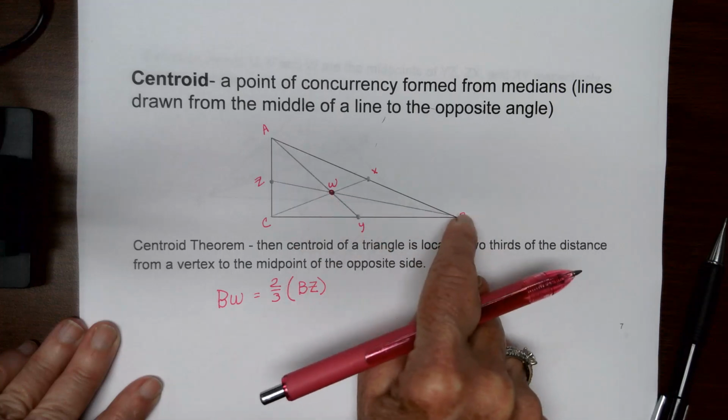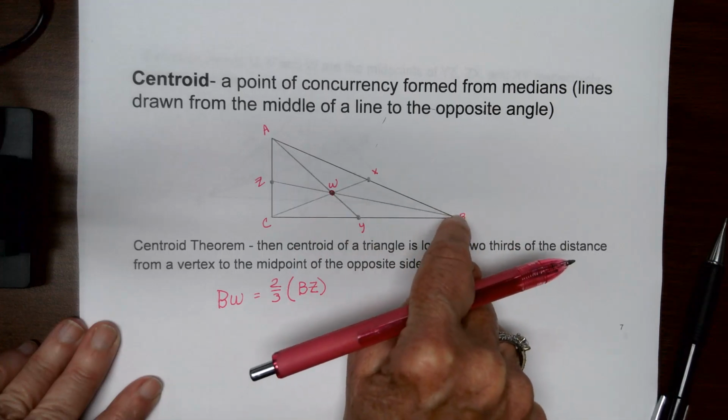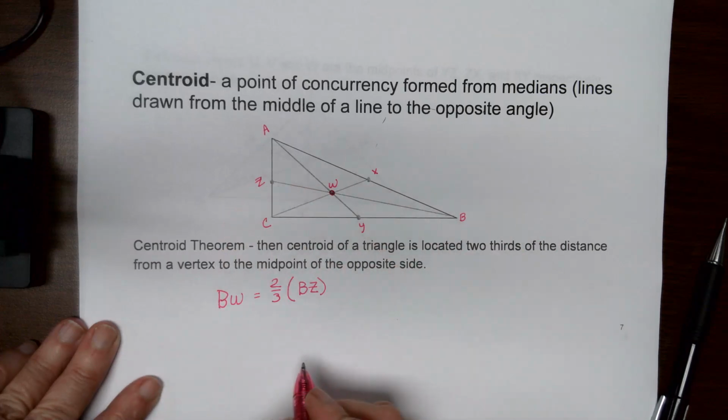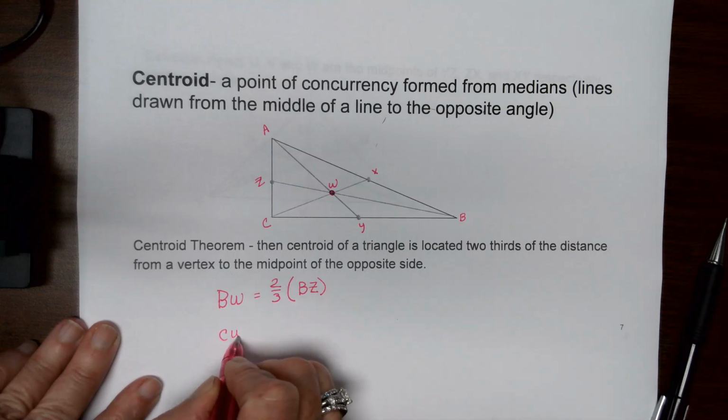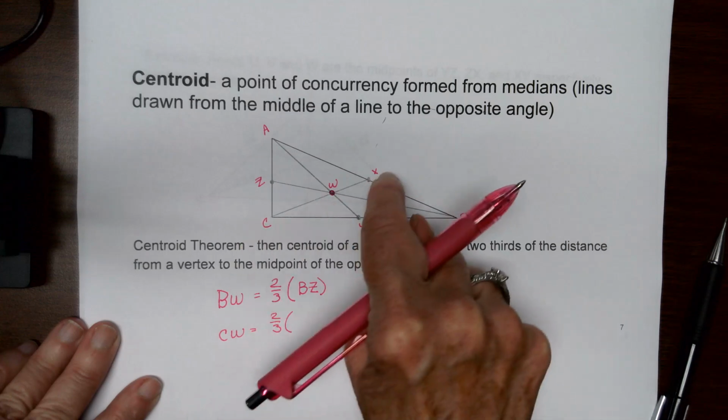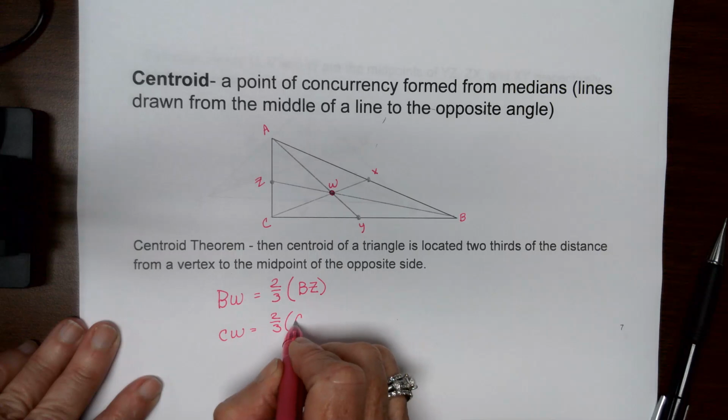So from the vertex to the centroid is 2/3 of the whole distance of that line. I could say CW is 2/3 of the distance from C to X.